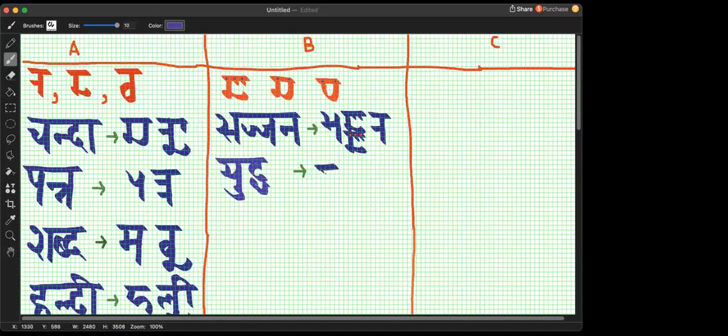That is, we'll write ya and u matra here. We know the u matra for ya is written like this. Ya u will remain the same. When you're writing Yuddha, first I'll write the Yu, and then dha. The second dha is written right below this as a full alphabet.